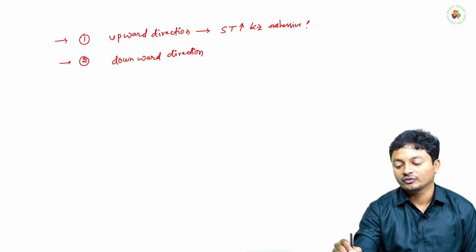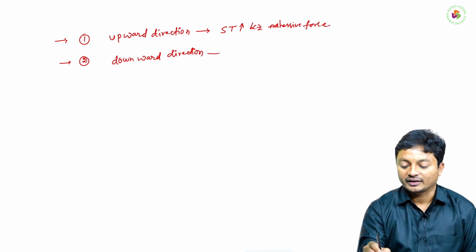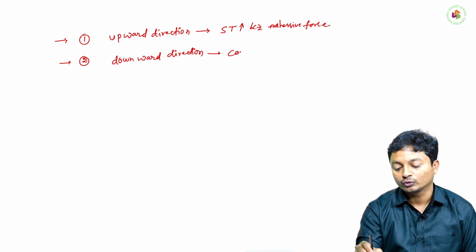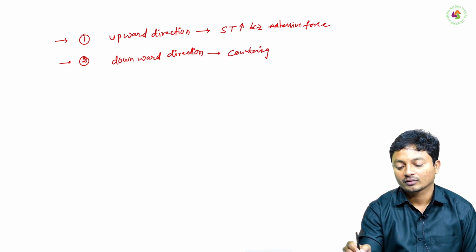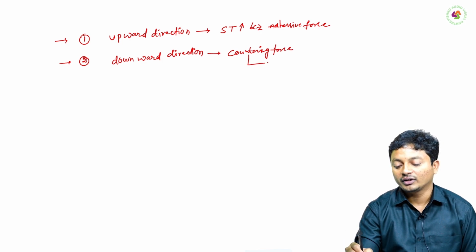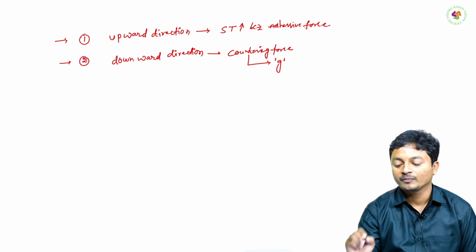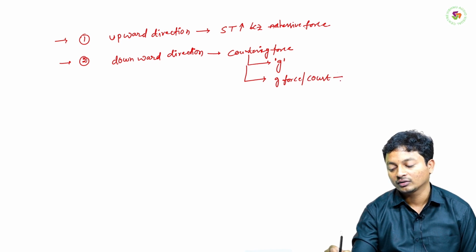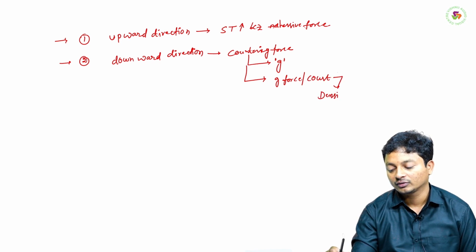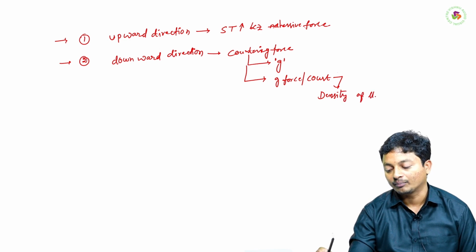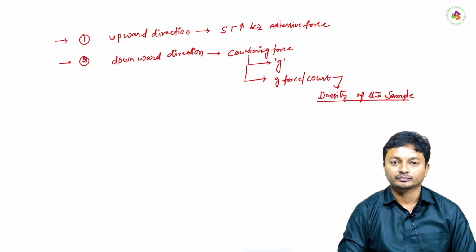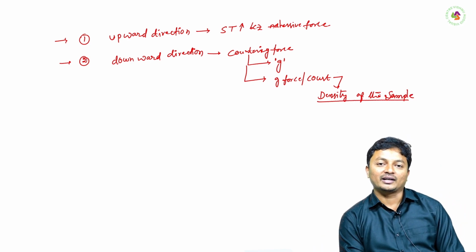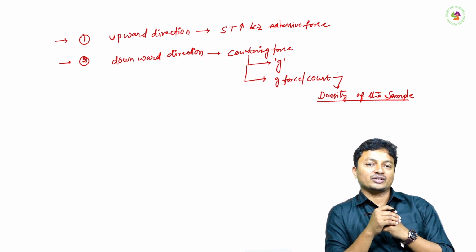In the downward direction, the countering force is involved, in the form of gravitational force. This gravitational force or countering force completely depends on the density of the sample which we are trying to determine. Let us discuss what happens in the upward direction and in the downward direction in detail.